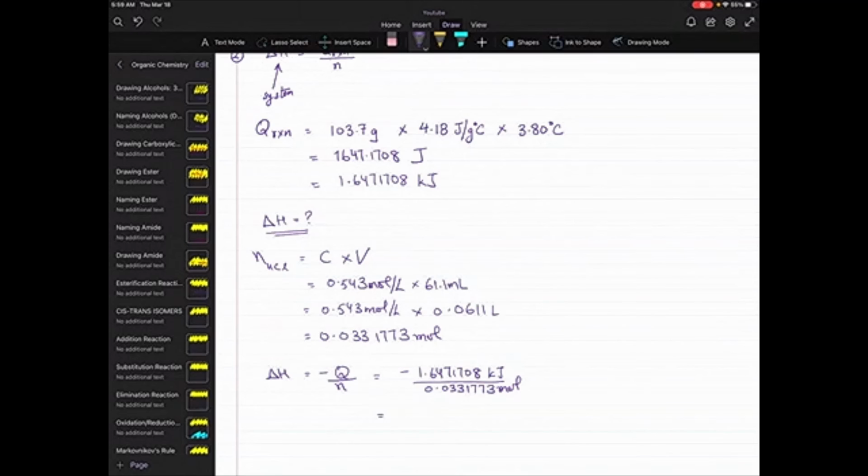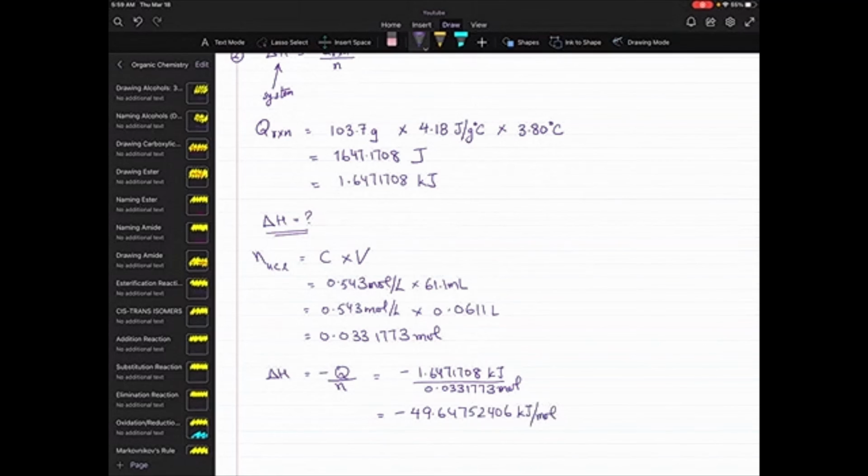Calculating this, 1.6471708 divided by 0.0331773, we get negative 49.64 kilojoules per mole.